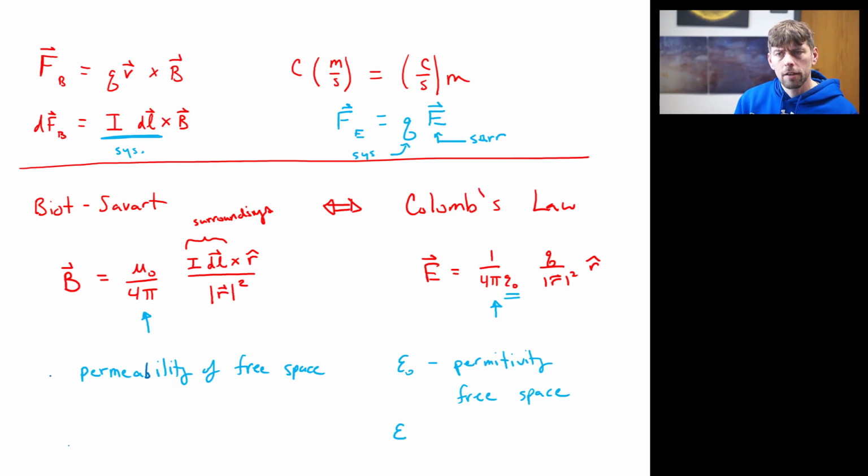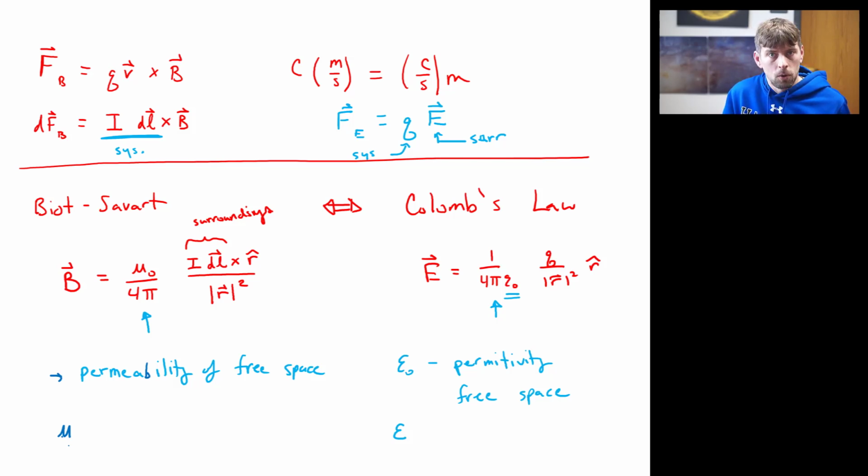And like epsilon naught, mu naught is conveying how magnetic fields propagate through empty space. You say, well, wait, Greg, what happens if I have a material? If I want to know how magnetic fields affect a material, you probably already know the answer. Yeah, instead of using mu naught, you would just use mu. So the permeability of the material. Okay.